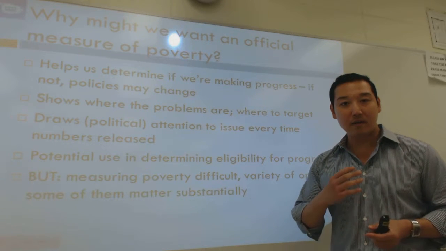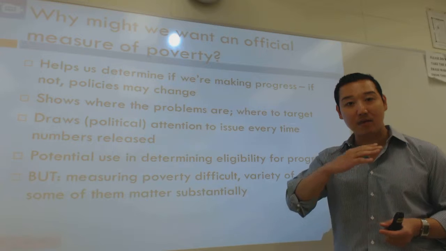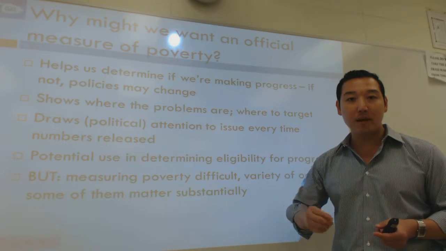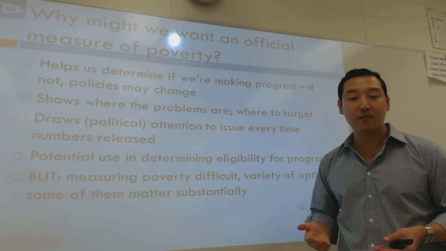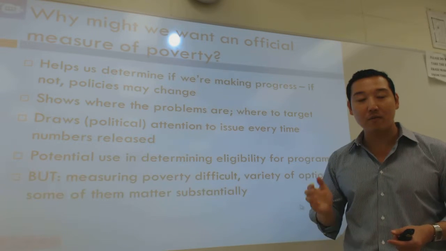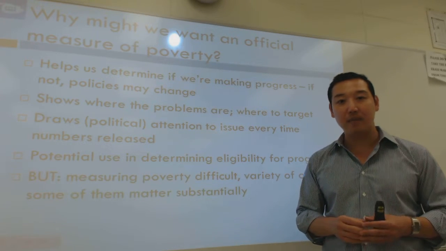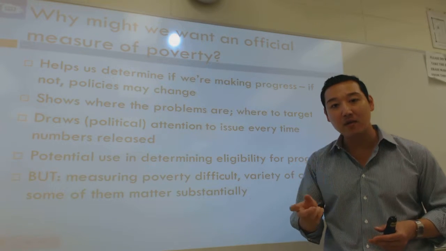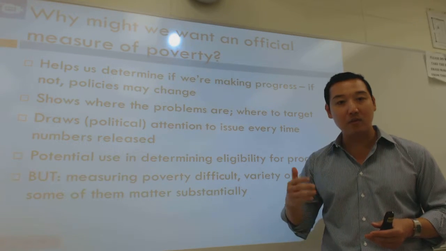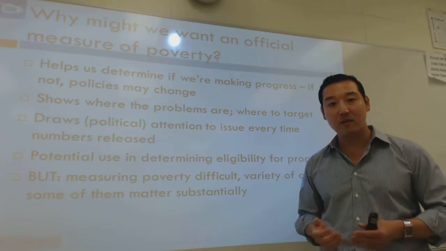We use these poverty estimates and the poverty thresholds upon which they're based to establish eligibility for different programs. We don't actually use the threshold per se. We use something called the poverty guidelines, which are simple transformations of the poverty thresholds that the Census Bureau uses.